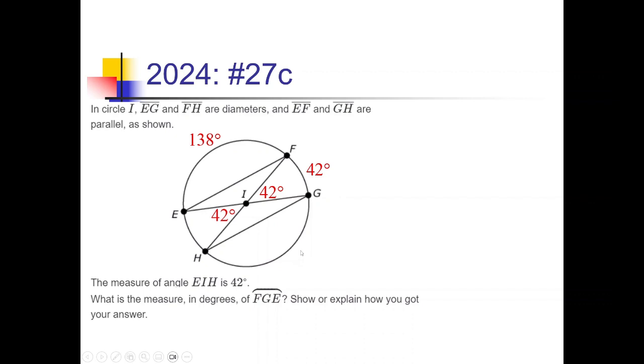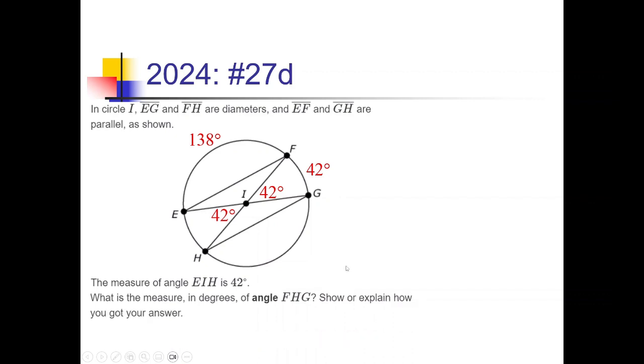Another way you could do this is to realize that FGE is everything except for that 138 degree arc you found in part B. So if you just take the whole 360 of the circle and subtract this 138, that would also give you the arc that we're looking for here. And that comes out to, I think, 222? Yep, 222 degrees. This is the calculator section though, so absolutely feel free to double check that on a calculator to make sure you got the right answer.